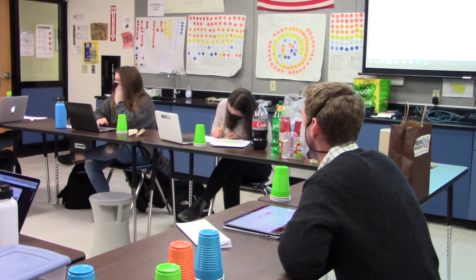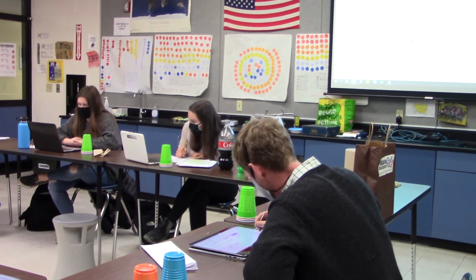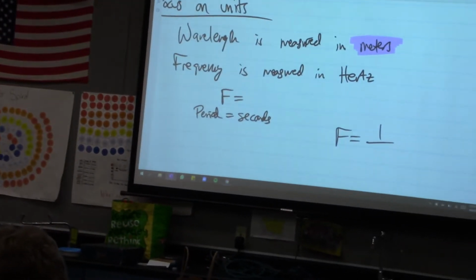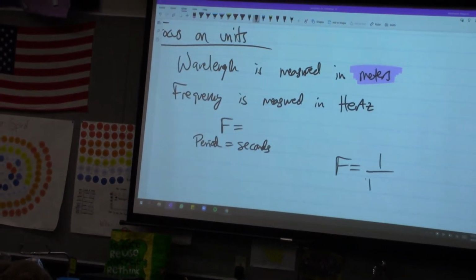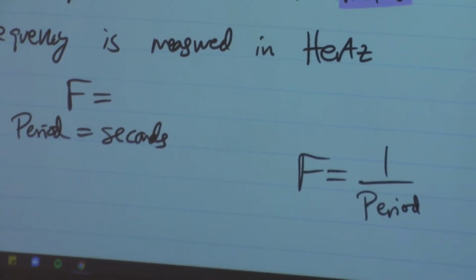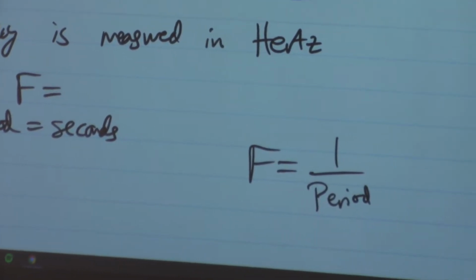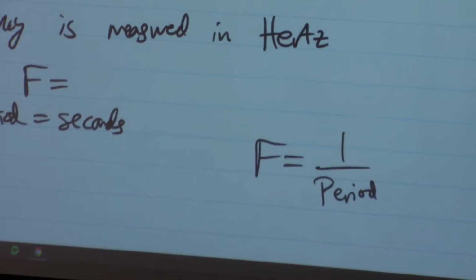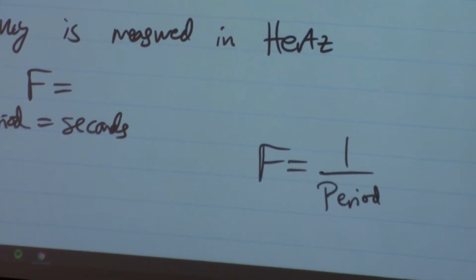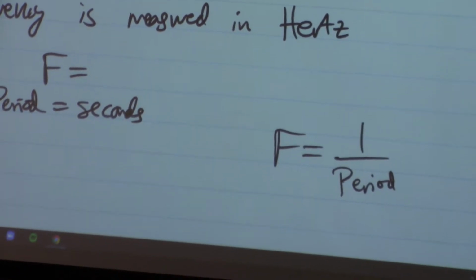Unfortunately we're running a bit short on time. It should have come up in our readings a number of times that frequency is the same thing as 1 over period. It's the inverse. Period is the number of seconds it takes for one cycle, and frequency is the number of cycles per second.